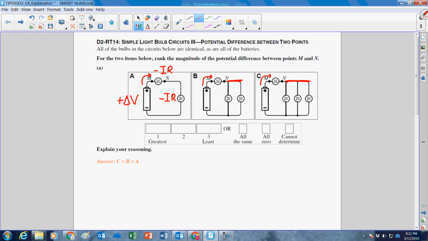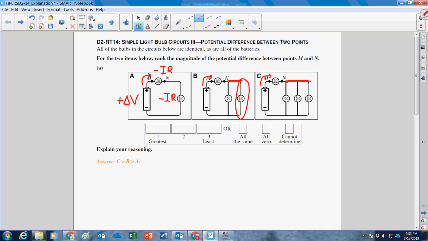We know that the loop rule still holds true, that each loop must sum to 0. But the current is not the same everywhere. And in fact, the total current going through that first bulb that we care about is not the same in B as it is in A. And the reason is that adding this extra branch is now reducing the total resistance of the circuit as a whole.